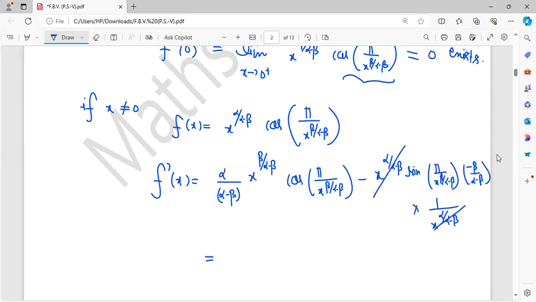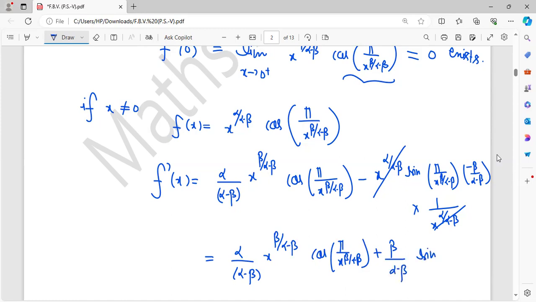So what is this? Alpha upon alpha minus beta, x to the power beta upon alpha minus beta, cos of pi upon x to the power beta upon alpha minus beta, and this is beta upon alpha minus beta sine of pi upon x to the power beta upon alpha minus beta.